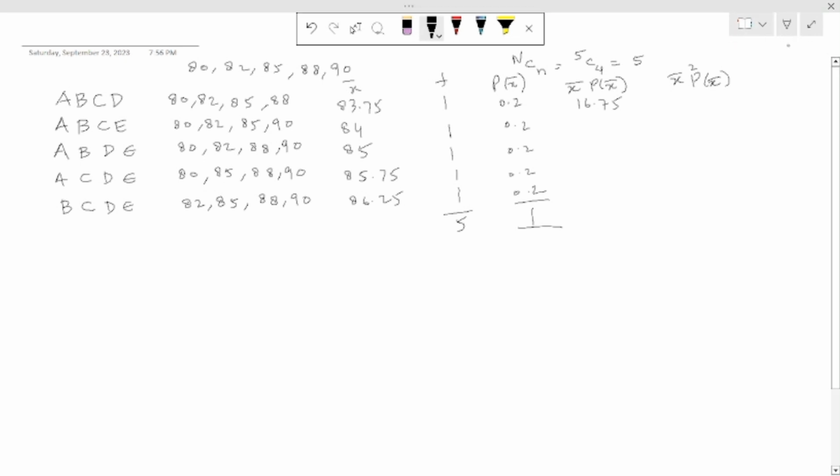So that's 1,402.18125. Now second value 84 times 0.2 is 16.8. Then multiply this by 84 would give us the square of this value.